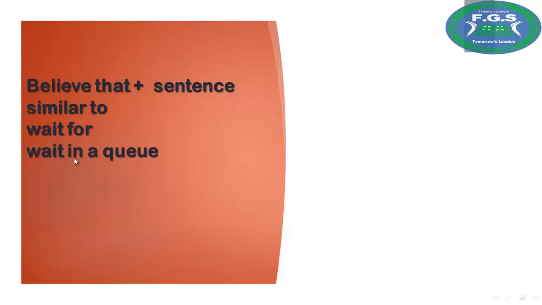Or the other expression is wait in a queue. Wait in a queue means to wait in a line, waiting your turn. For example, when you go to the bank or when you go to the school, you wait in a queue, in a line.